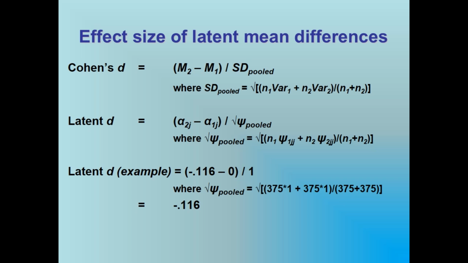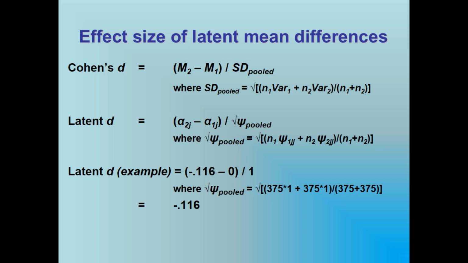Consequently, our estimated mean of males from Mplus was a negative 0.116, minus 0, remember 0 is the factor mean for females, and we're just going to divide that by 1. So an effect size of negative 0.116 basically means that males are 0.116 standard deviations below females. So a relatively small effect.